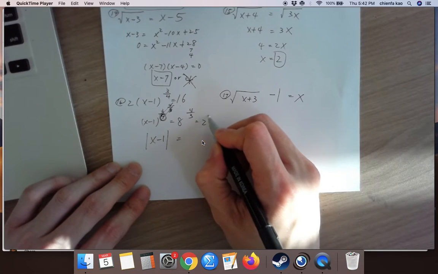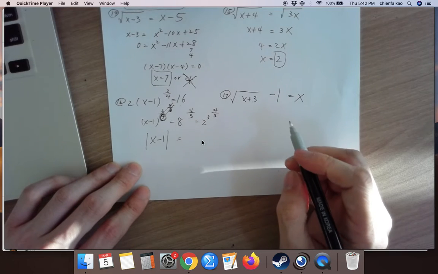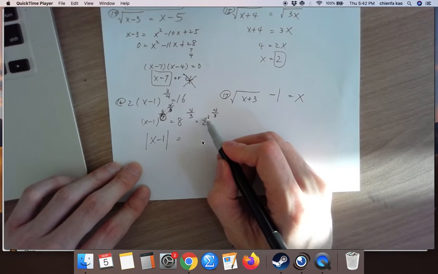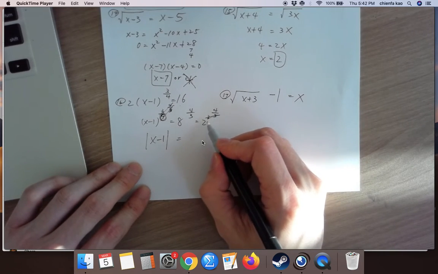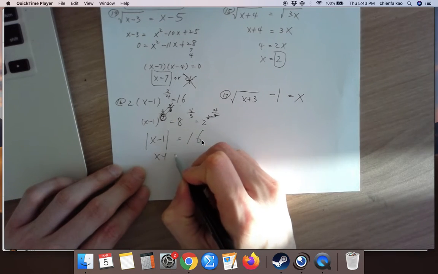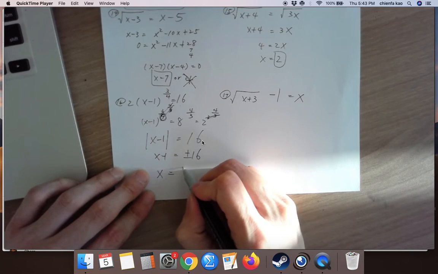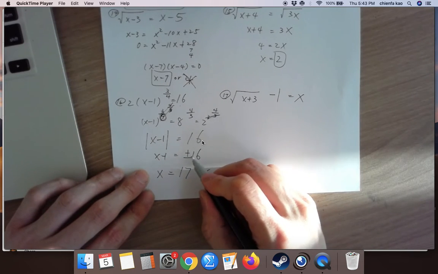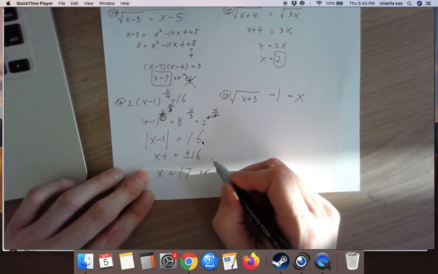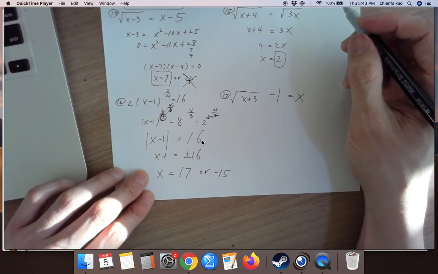This is 2 to the third power to the 4 over 3. So that cancels out. It becomes 2 to the fourth power, which is 16. So x minus 1 equals positive or negative 16. So x equals 17 or negative 16 plus 1. So it's negative 15. Okay.